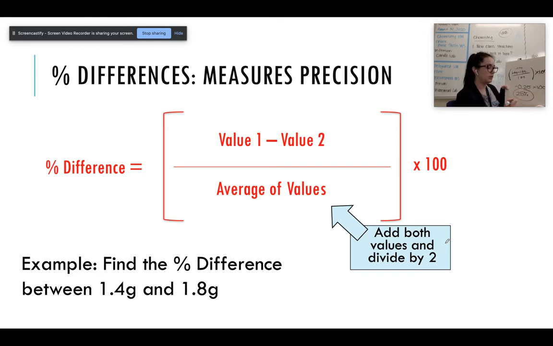And so I had 25%, because if I switched these, I would end up with the same percent difference right there. Whereas I wouldn't do that in a percent error. So my percent difference can be positive. So I had a 25% difference.